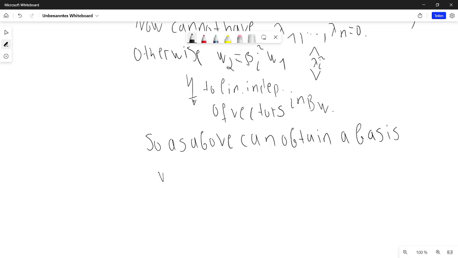Well, W1, W2, because the vector which we choose is not W1, so we specifically choose not to replace W1, but to have W1 in our representation, right?